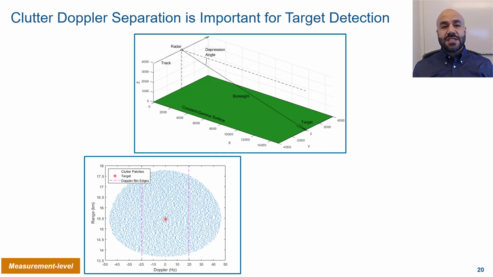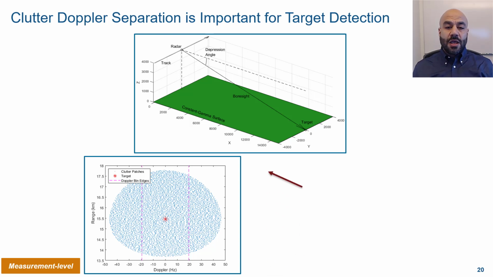Now, in this example, we can see that there is no separation between the clutter return and the target return. So if the returns from the surface are stronger than the return from the target, this target is not detectable, and the measurement level model, or the radar data generator, does not generate detections for this scenario.